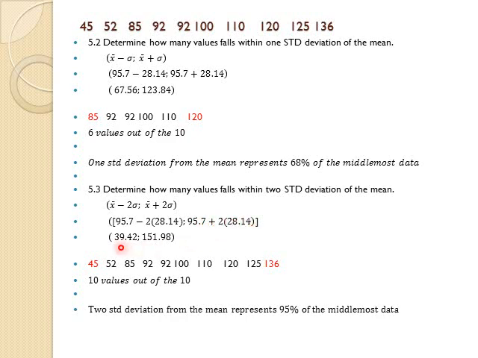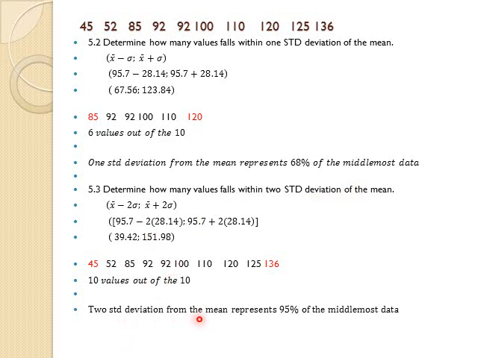Now my interval starts at 39.42 up to 151.98. You can see 45 is bigger than 39.42 and 136 is smaller than 151.98. So therefore all 10 values fall within 2 standard deviations of the mean, 10 out of the 10 values.